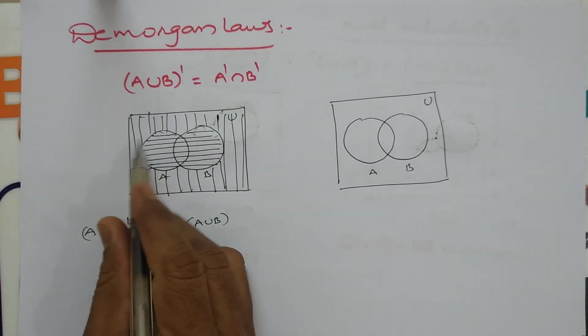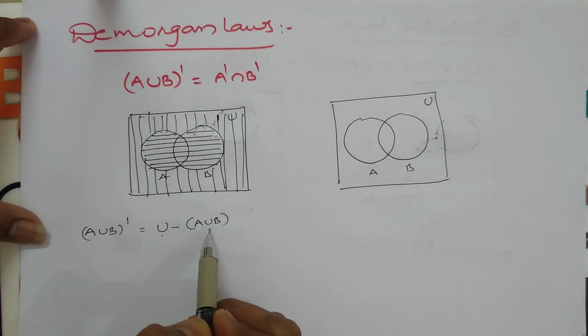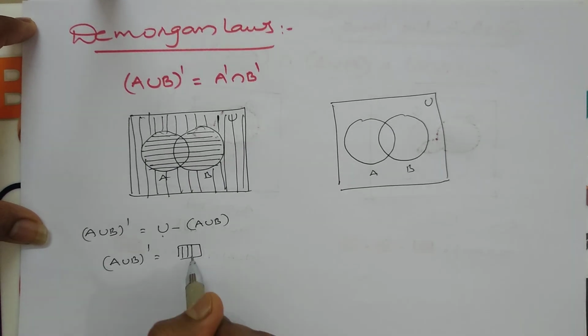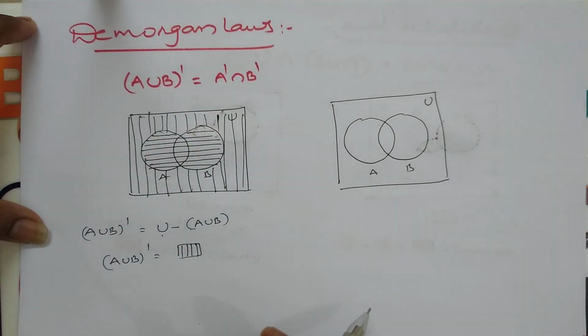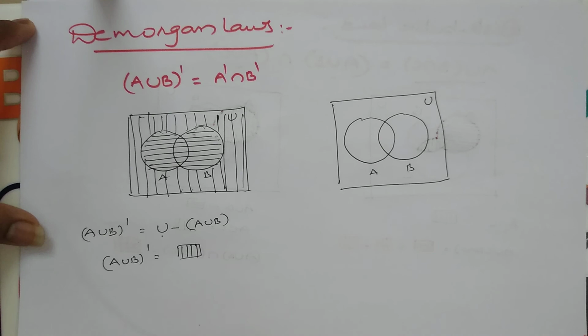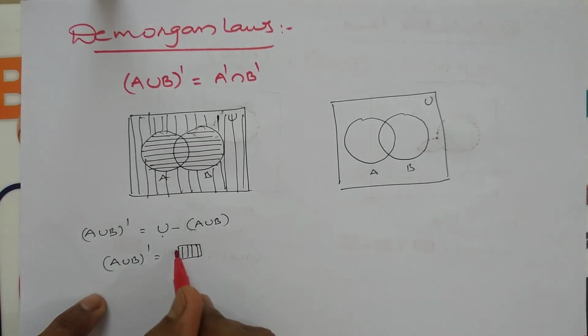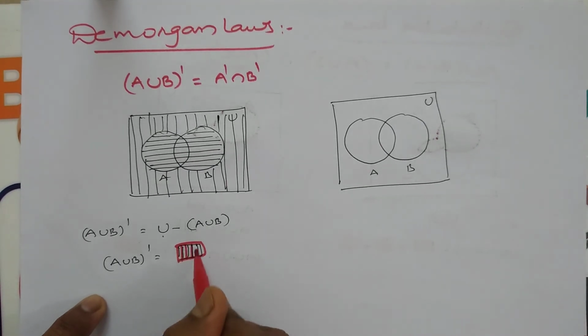So only what region will come over here? Only the vertical region, not inside the horizontal region. A union B will not be over there. Only this vertical part.